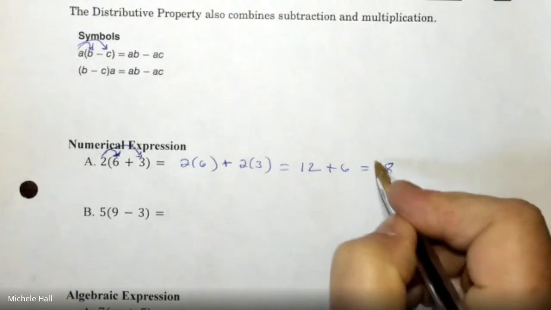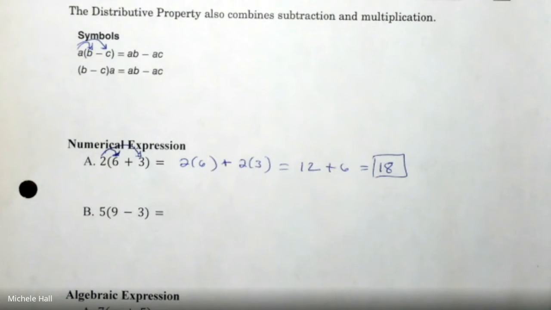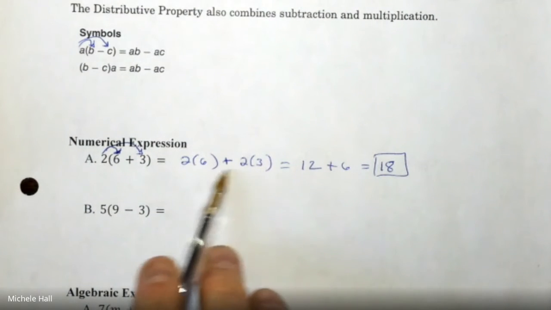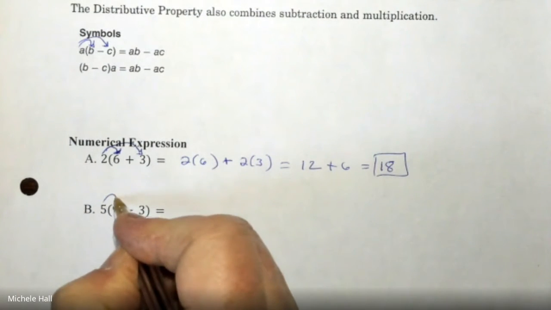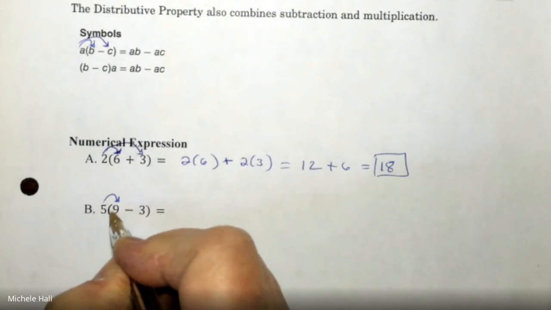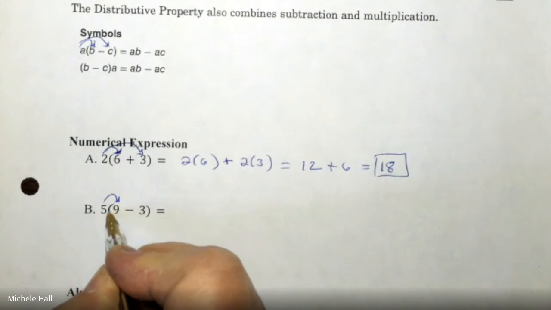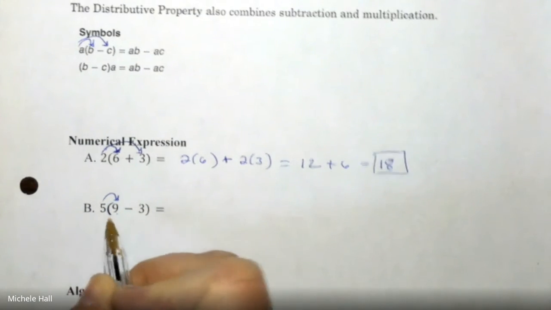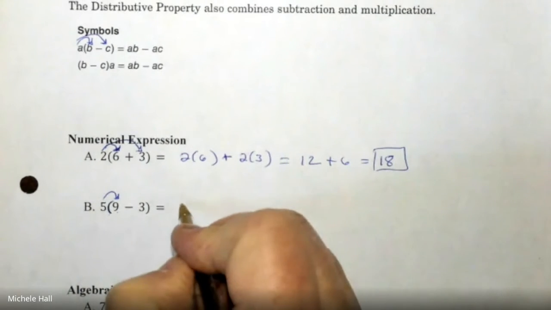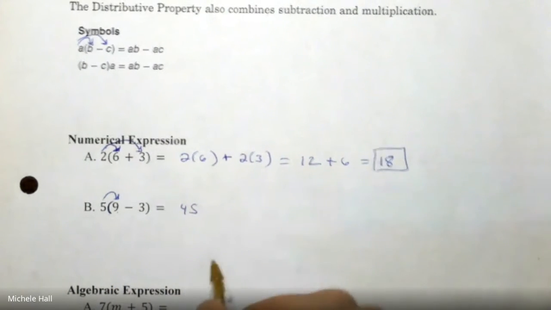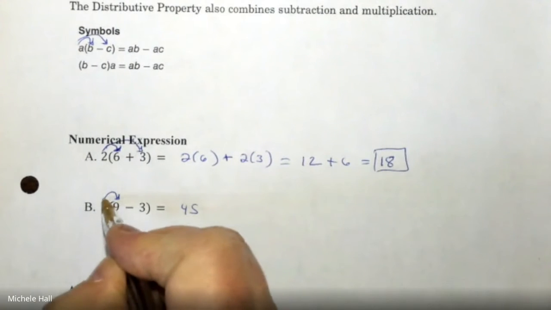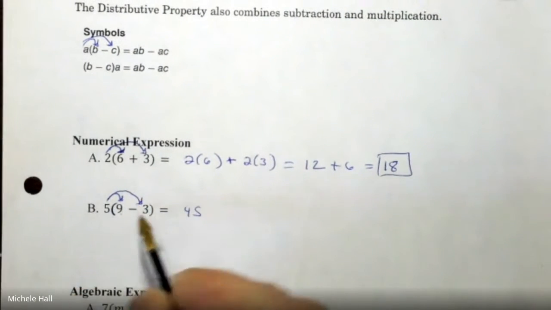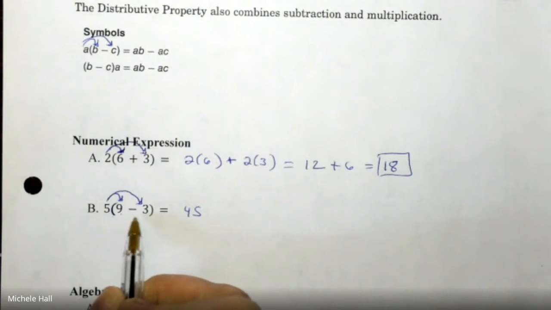Here's my final answer. So let's see how you can use a little bit of a shortcut on the next one because you don't have to show every single thing. What is 5 times 9? So we have 45. What is 5 times negative 3? You're keeping the sign in front of the number every time.